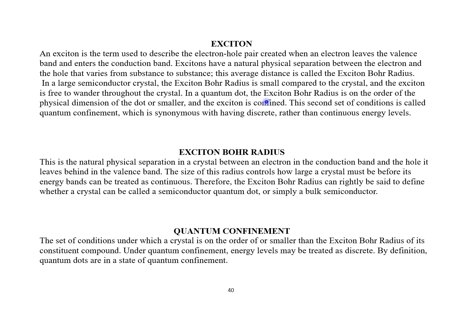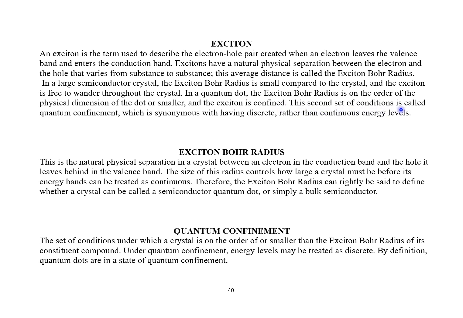In a quantum dot, the exciton Bohr radius is on the order of the physical dimension of the dot or smaller. راح يكون حجم مالته مقارب. هذا الراديوس راح يكون الحجم مالته مقارب للدايمنشن مال dot or even smaller. And the exciton is confined, لذلك راح يكون هنا مقيد.